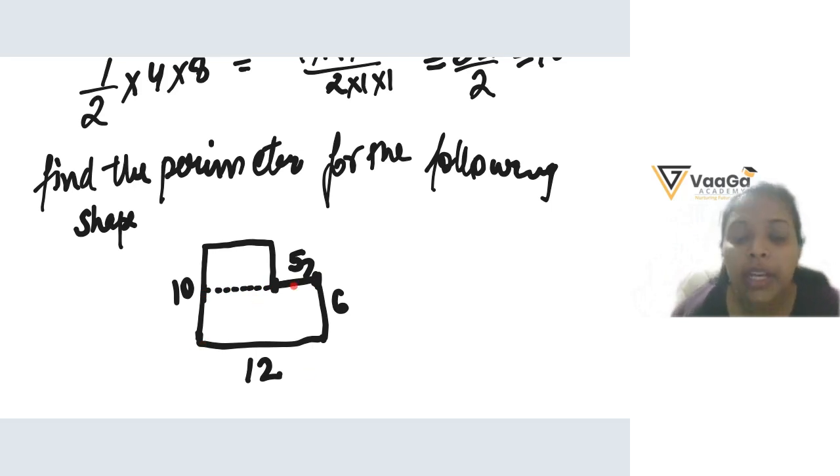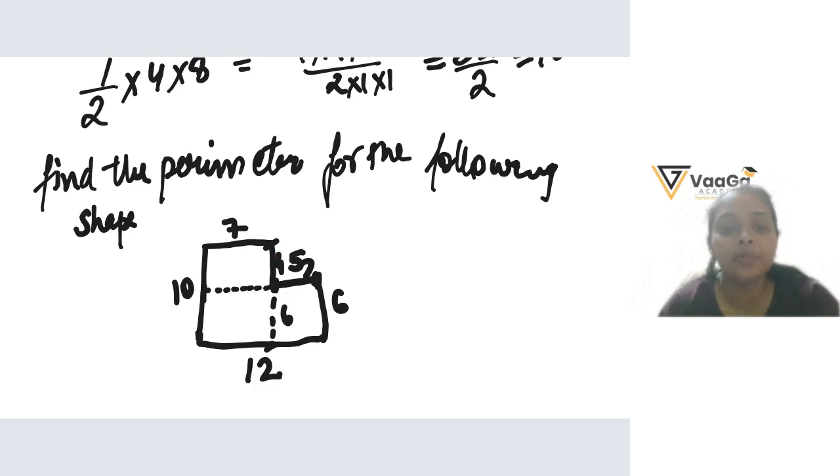If this whole is 12 and I know this is 5, then this will be 7 centimeters, and this also will be 7 centimeters. Now I know that from here to here the whole is 10. This whole is 10, out of which this part is 6, so the remaining will be 4. Now I have all the missing sides.